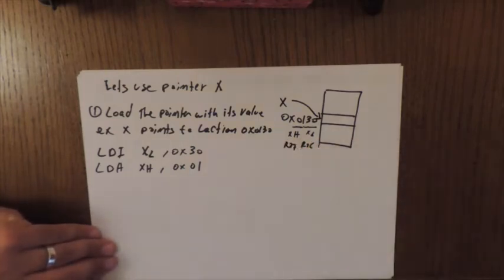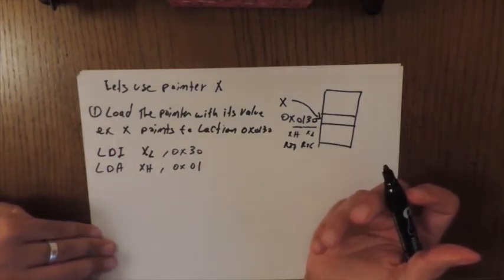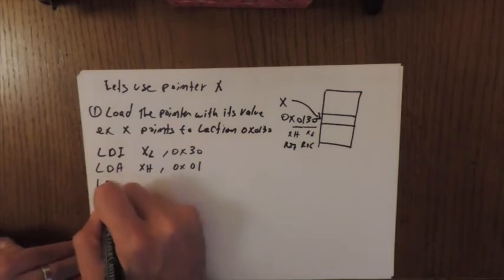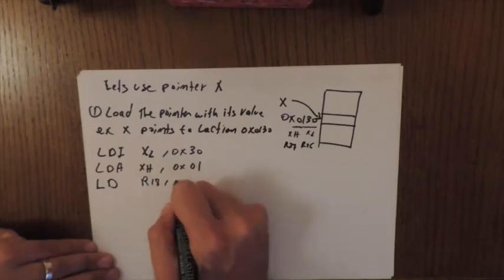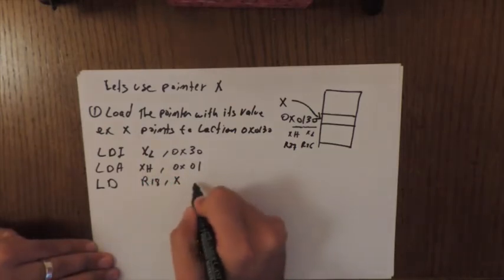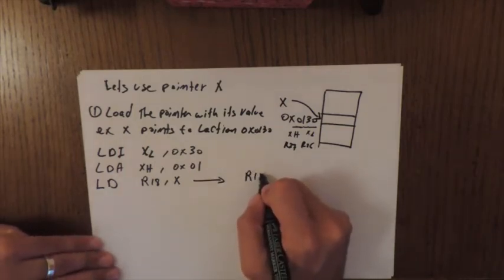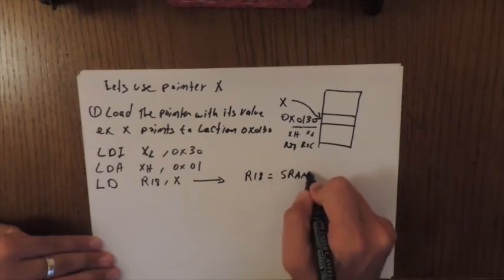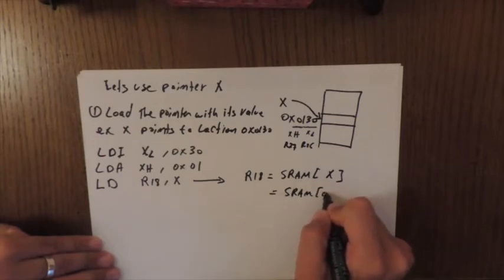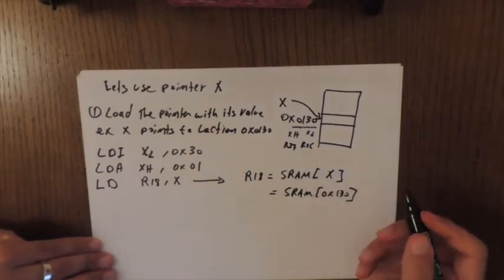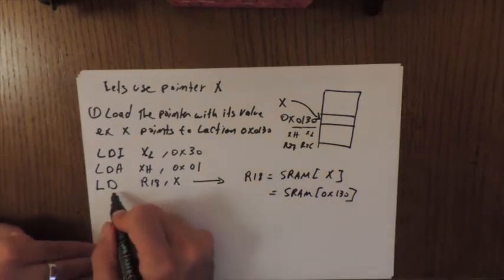So now, in order to read from memory through X, usually I used LDS, but in this case I'm going to use a special instruction called LD. I'm going to say LD R18, X. And what this translates to is: place in R18 the content of SRAM at X, which is 0x130. So here we did the same thing that we have done before. However, instead of using LDS, we used LD.